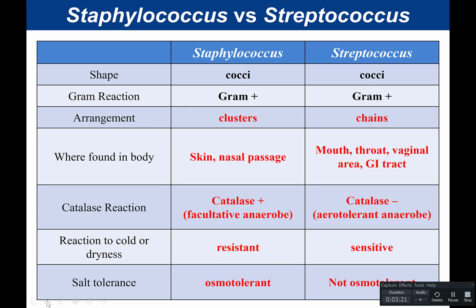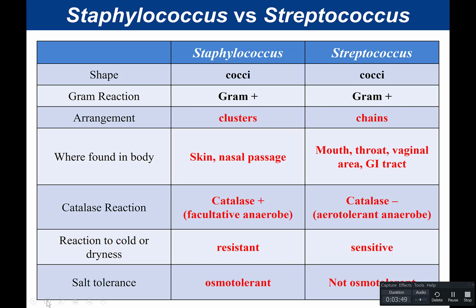So if we were trying to differentiate between staph or strep, we could quickly just run a catalase test. Get a glass slide, take a little bit of the bacteria, put it on the glass slide, add a drop of hydrogen peroxide. If it bubbles, is it staph or strep? So you want to think about that. If it bubbles, is it staph or strep? The answer is if it bubbles, you're looking at Staphylococcus.